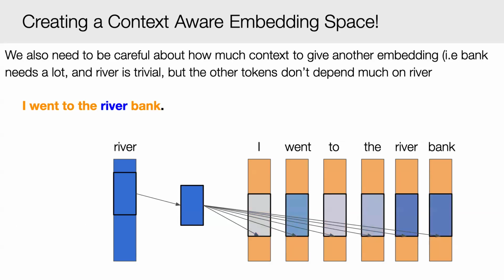Of course, we can't simply send that context, but we also have to be careful about how much context we send to each word, because some context matters more for some words than others. In this case, the word bank really needs that context about river, whereas the word to probably needs it less.